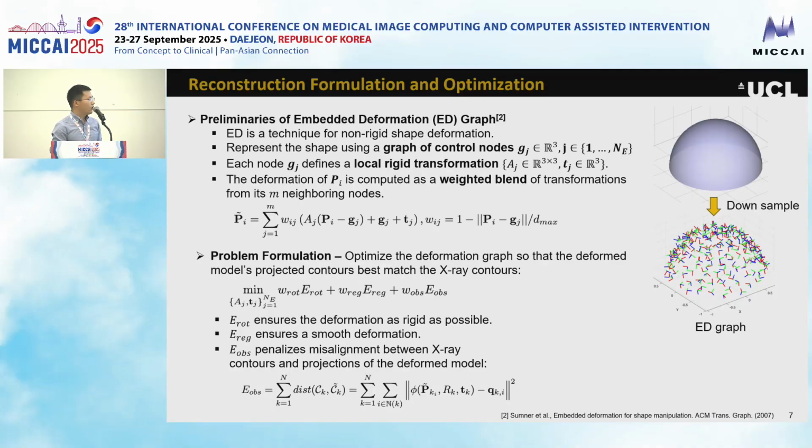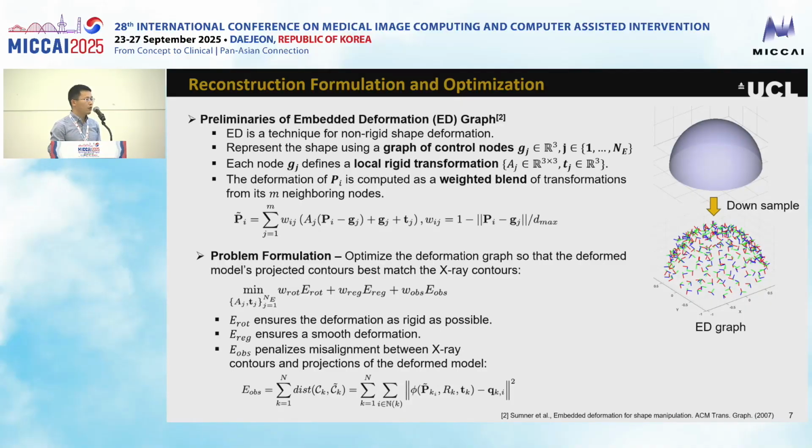In this paper, we consider the problem as an optimization problem given multiple views of X-ray images, combining the square root velocity function and embedded deformation. We use 3 terms. The first term is the rotation term, which is used to ensure the deformation is as rigid as possible.